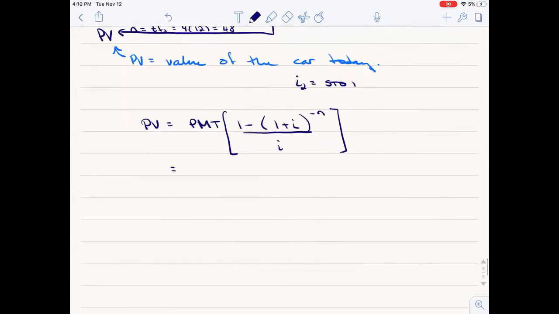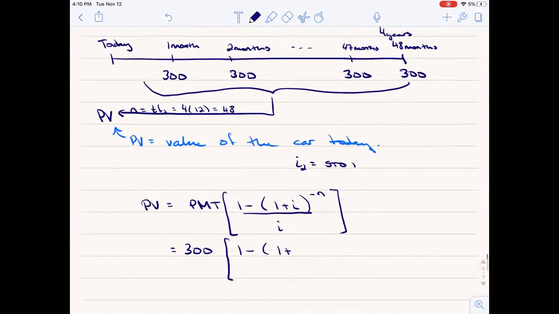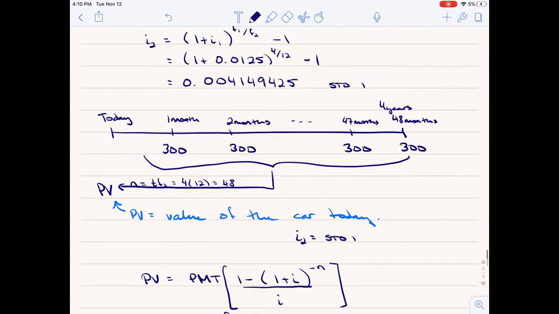So we're solving for the present value. We know the payment amount is $300, right? Making month-end payments of $300 times 1 minus 1 plus I. Should I start cheating right away, or what do you guys think? Instead of writing out I2 every time, right?